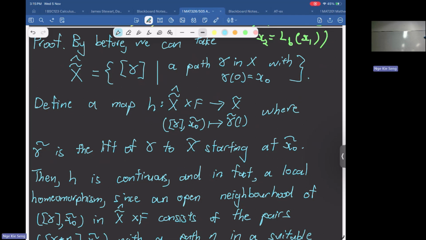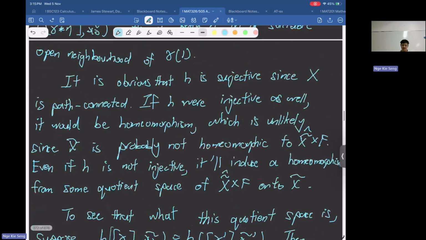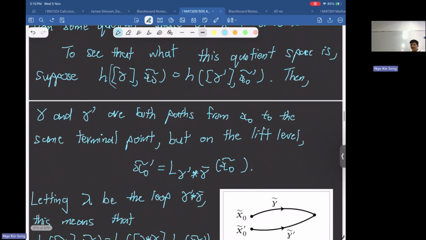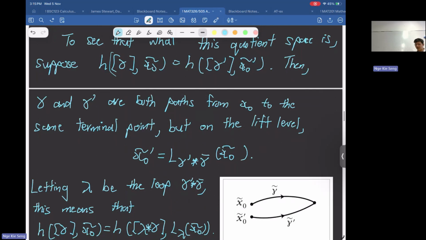And then we show that the kernel of this map is that identification we have to make. So suppose that the two endpoints are the same. What could possibly happen?